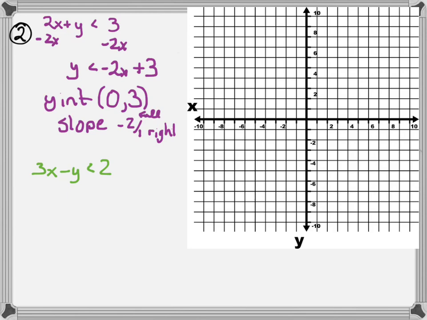So starting at (0, 3), I put my dot, and then I fall 2, right 1, and keep doing that as I go throughout the paper. And this one needs to be dashed as well because there's no bar underneath.